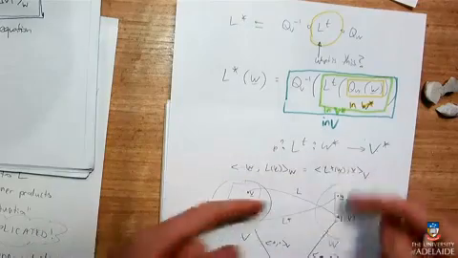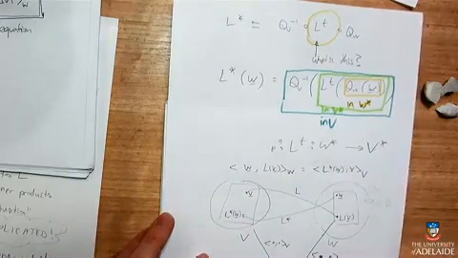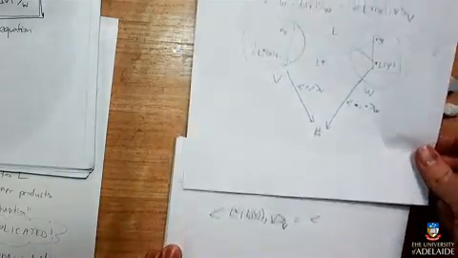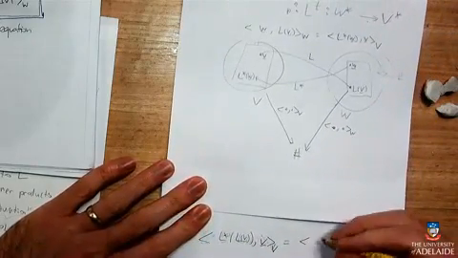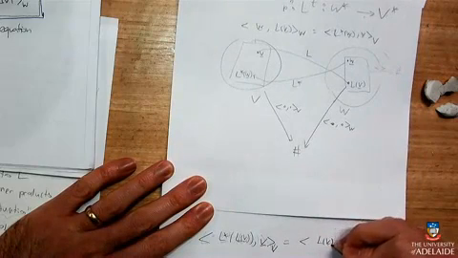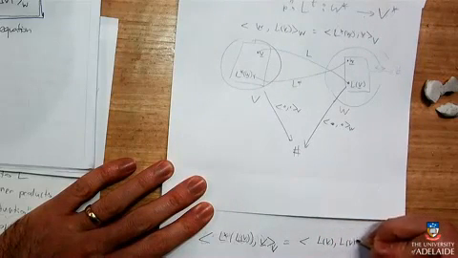I didn't match them up to the picture. Okay. So L star of that. And so this should be L of V and L of V according to that rule?